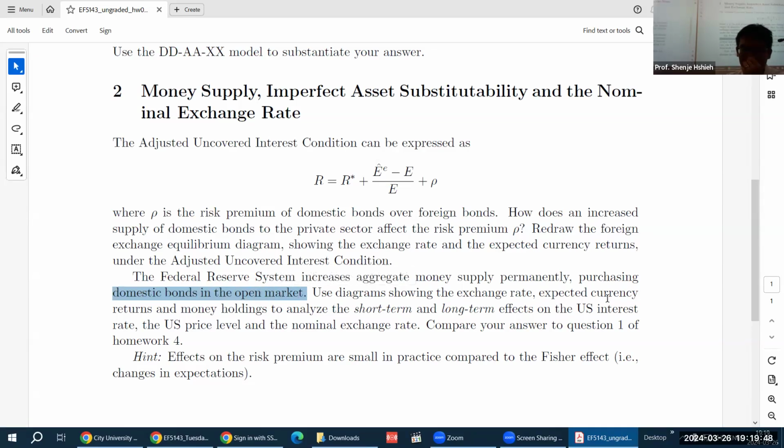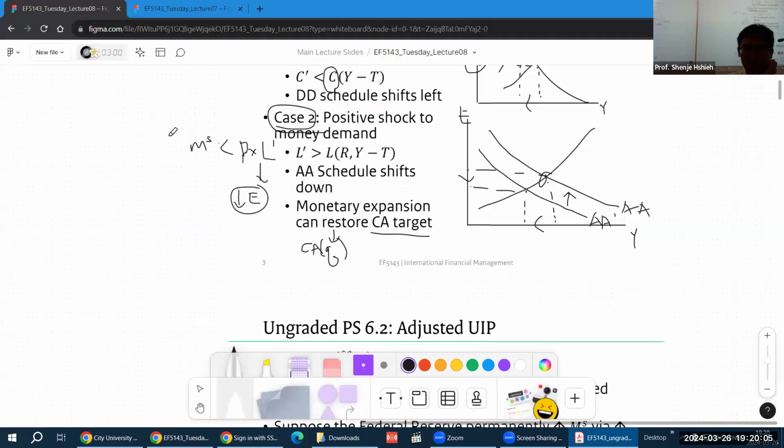So use a diagram, compare your answer to question 1 of homework 4. Okay. So homework 4 was about different intensity of the shift of different curves. Okay. So let me show you the solutions here.